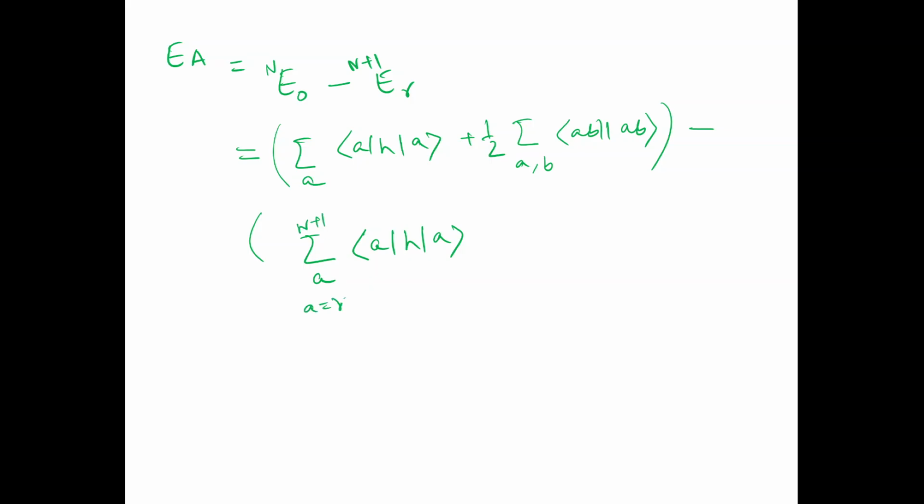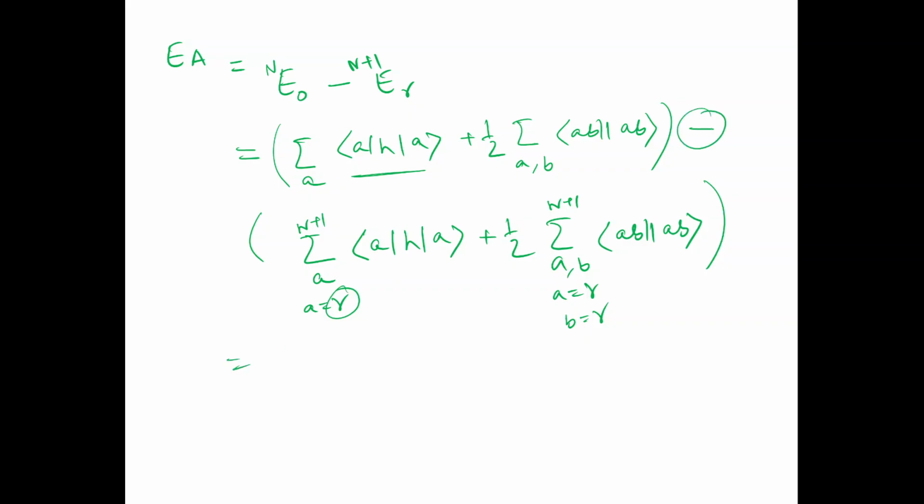So you have A is equal to R term here, and then you have the sum over AB, where A is equal to R and B is equal to R, and it goes from 1 to n plus 1. Now all the terms will cancel out, but the terms with chi R will survive, right? And they will come out in the negative, because this is the definition of your electron affinity.